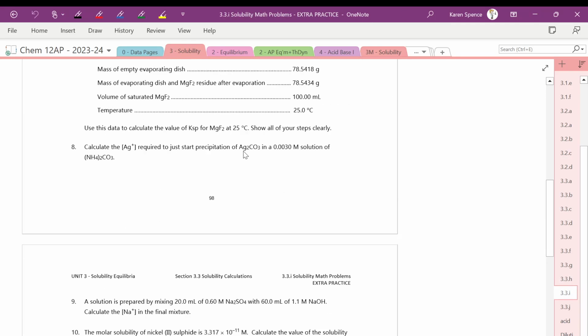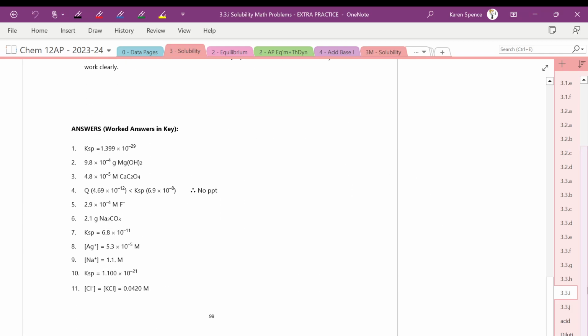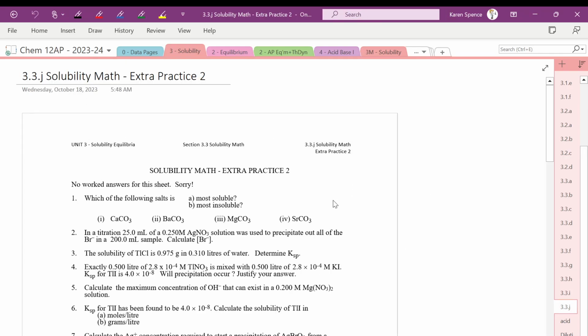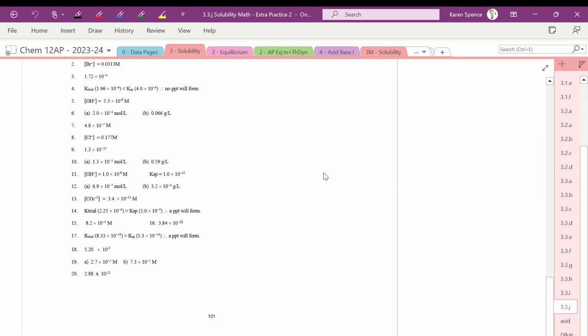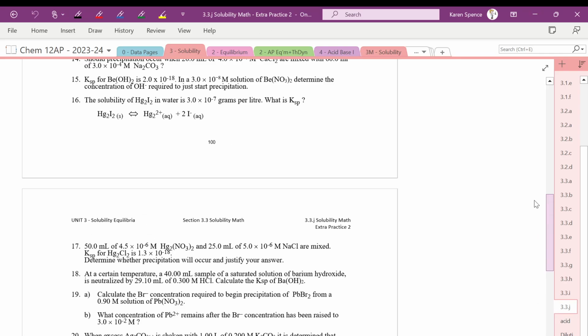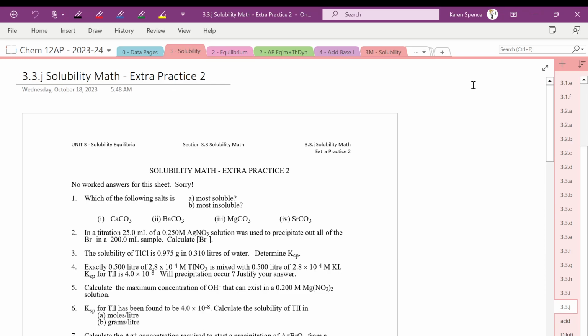So many solubility math problems. And look, 3.3j. So many more solubility math problems. You don't have to do any of them if you know what you're doing. Do you know what I mean? Yes? So go ahead and try those 5.